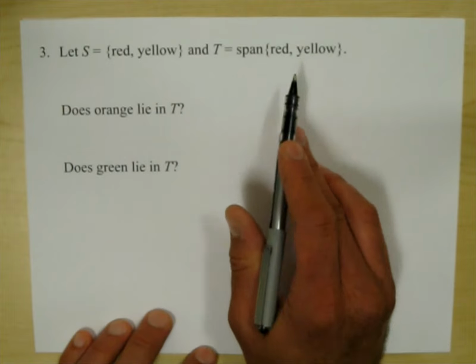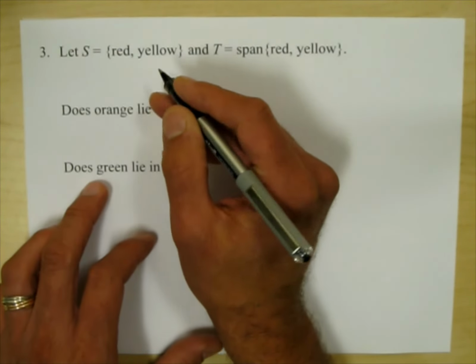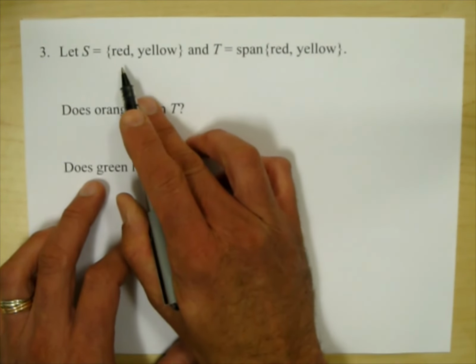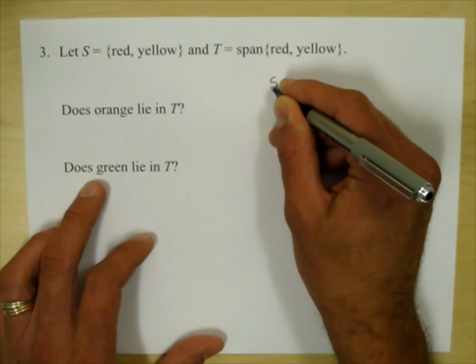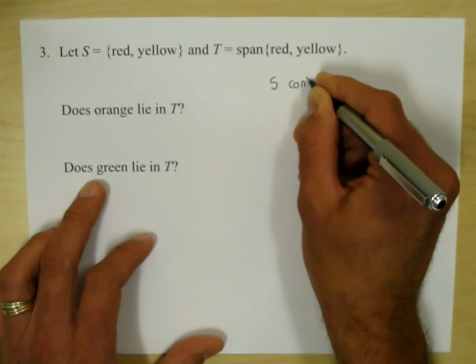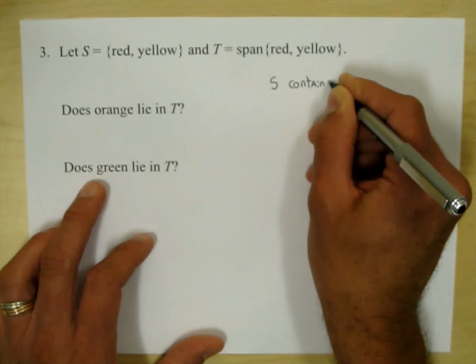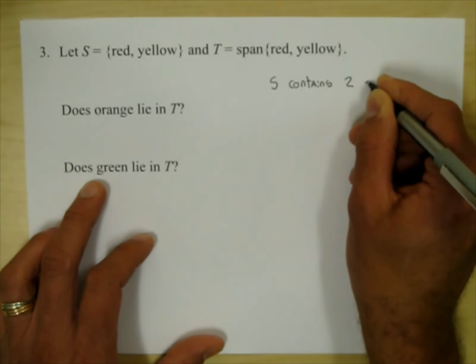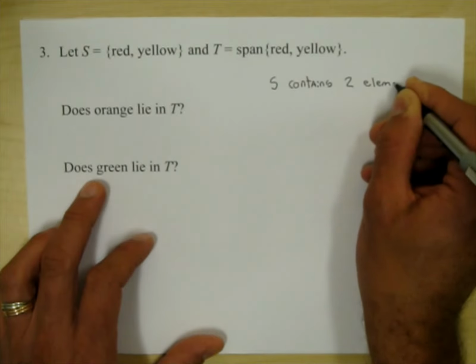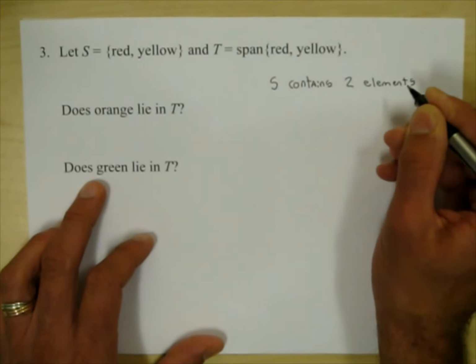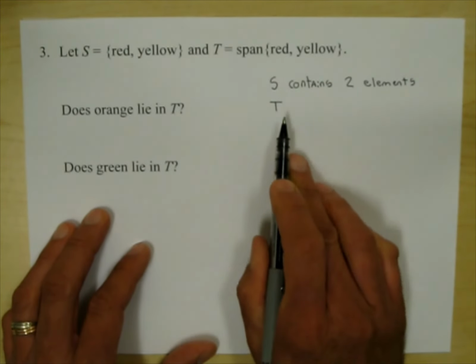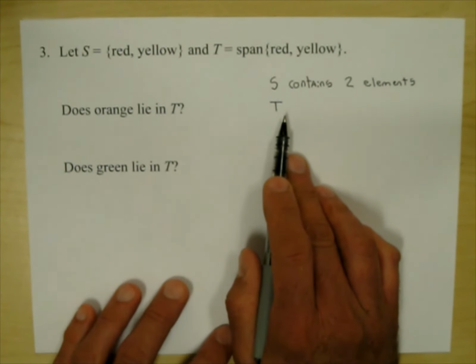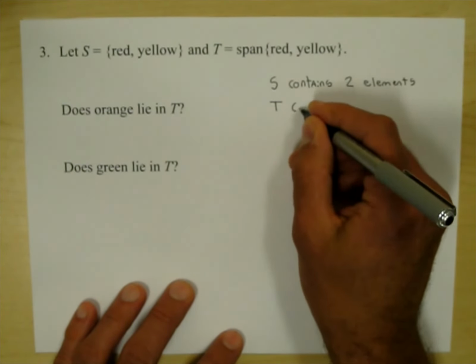So we can, first of all, ask, how many elements are in S? Well, S contains 2 elements, or 2 vectors. What about T? How many vectors does T contain?